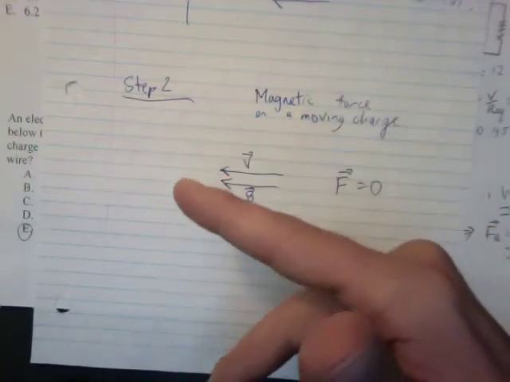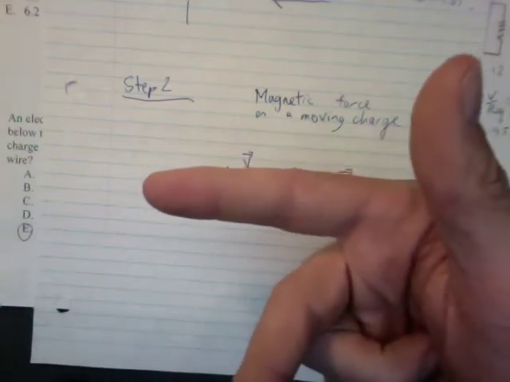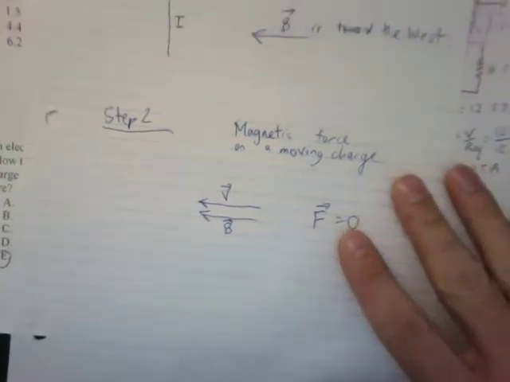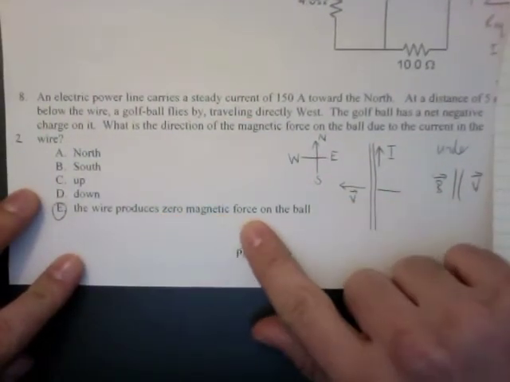But in this case, the velocity and the B field are actually in the same direction, so there's just zero force. If these are parallel, you have zero force. So, it's a bit of a trick question. The wire produces zero magnetic force on the ball, and E is correct.